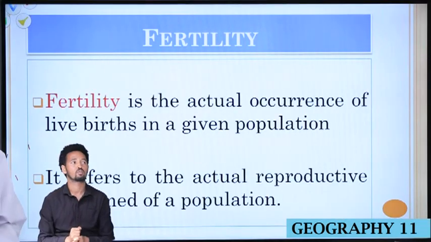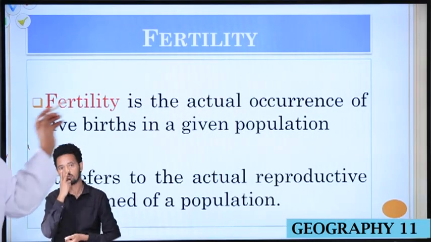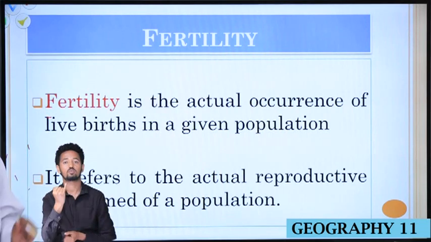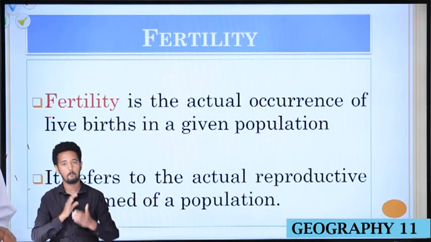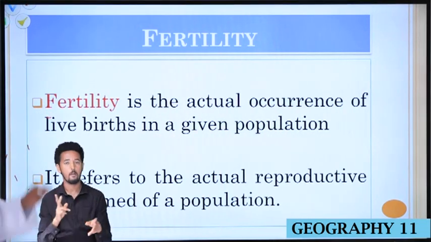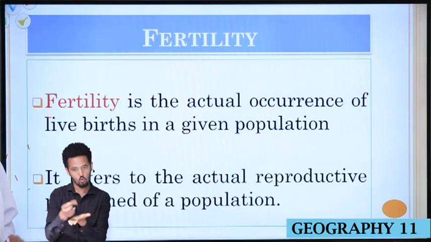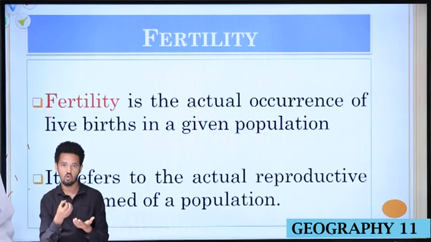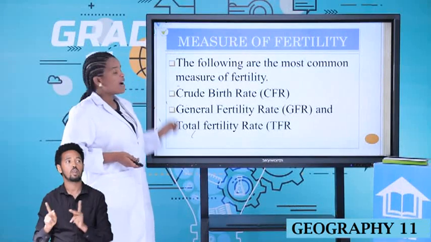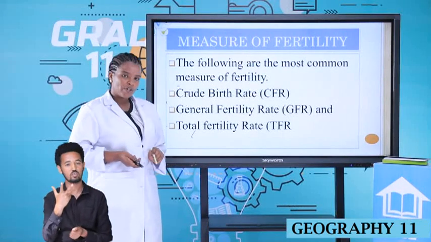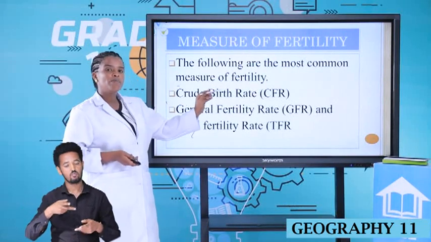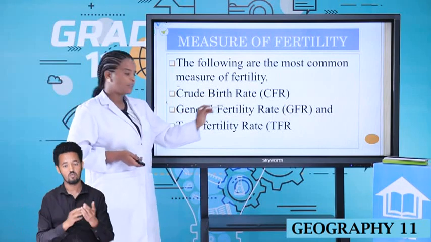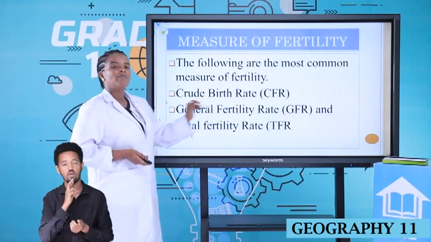Let us see what fertility is. Fertility is the occurrence of birth in a given population, or it is the reproductive performance of a population. There are three types of measure of fertility. These are crude birth rate, general fertility rate, and total fertility rate.